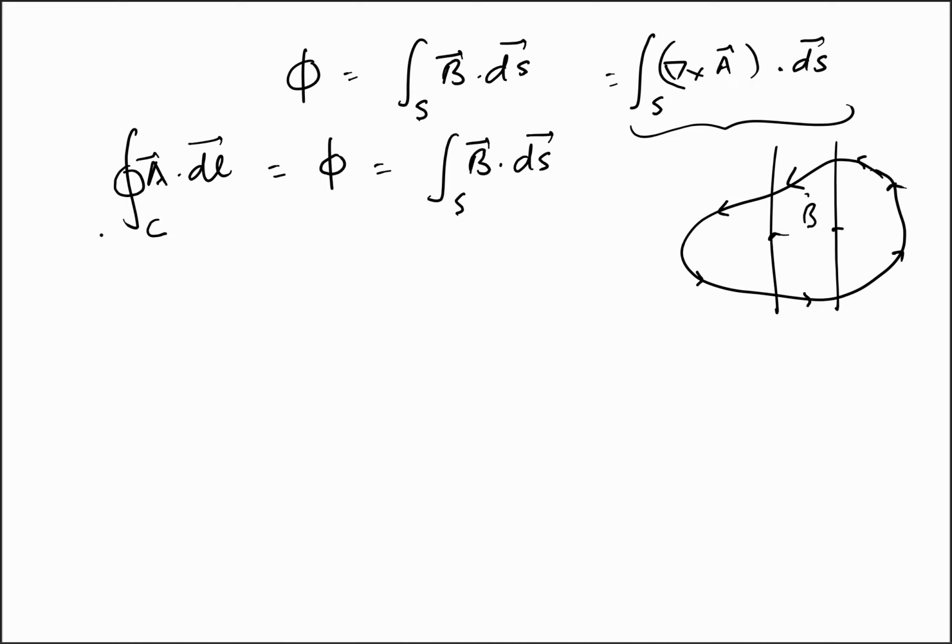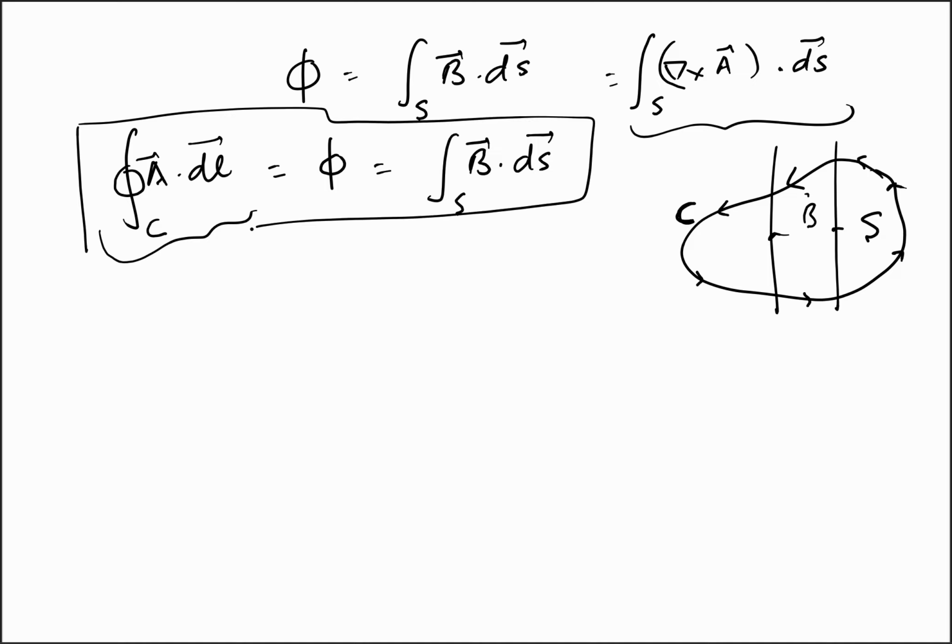If I know the circulation of A on this enclosing curve C of the surface area S, I can clearly find the flux of magnetic field through that surface area. This result we will use in determining either A or B whenever required.